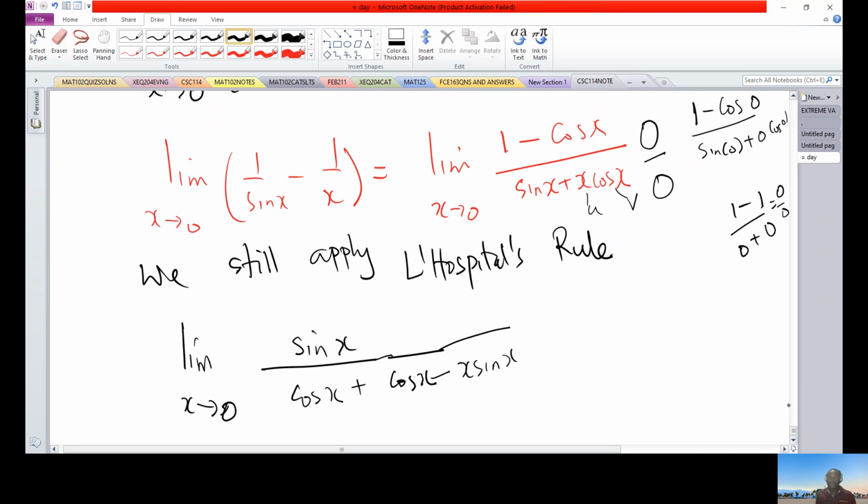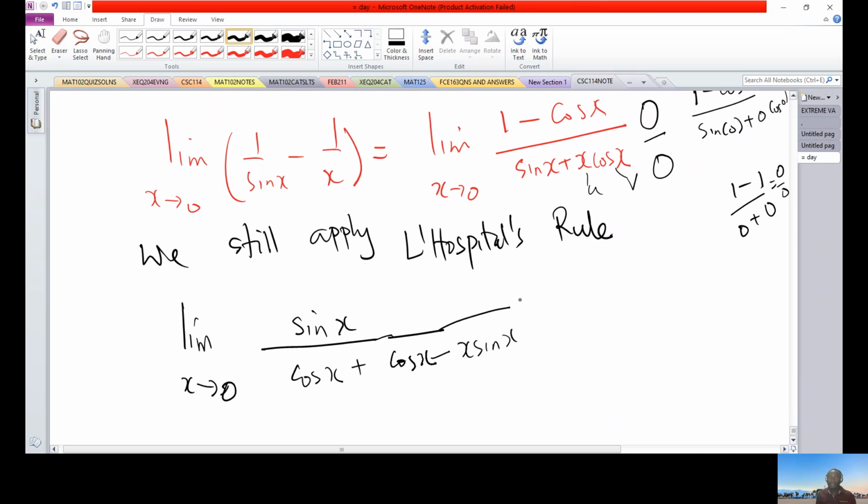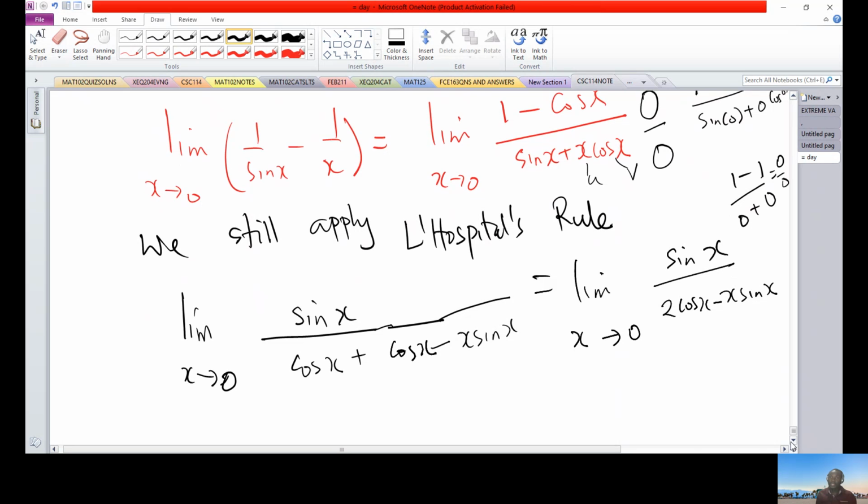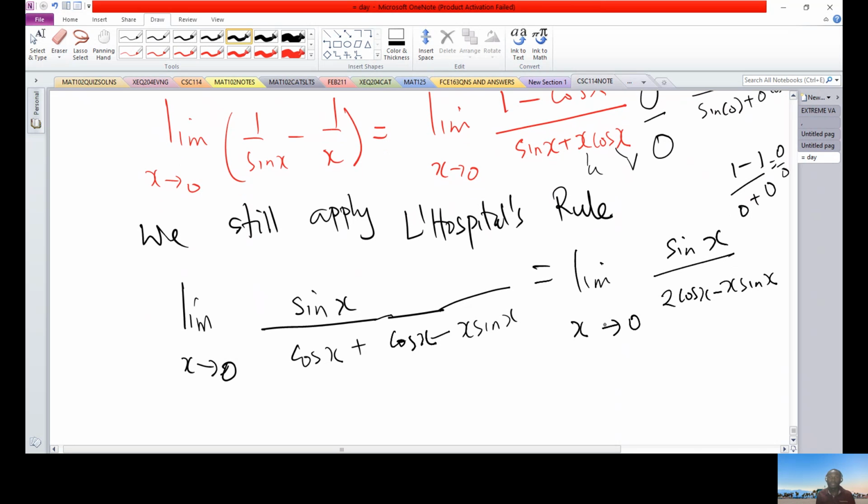So therefore now we have the same as limit as x approaches 0 of sine x over, cos x plus cos x is 2 cos x, and then minus x sine x. Now let's substitute in the value of the limit.